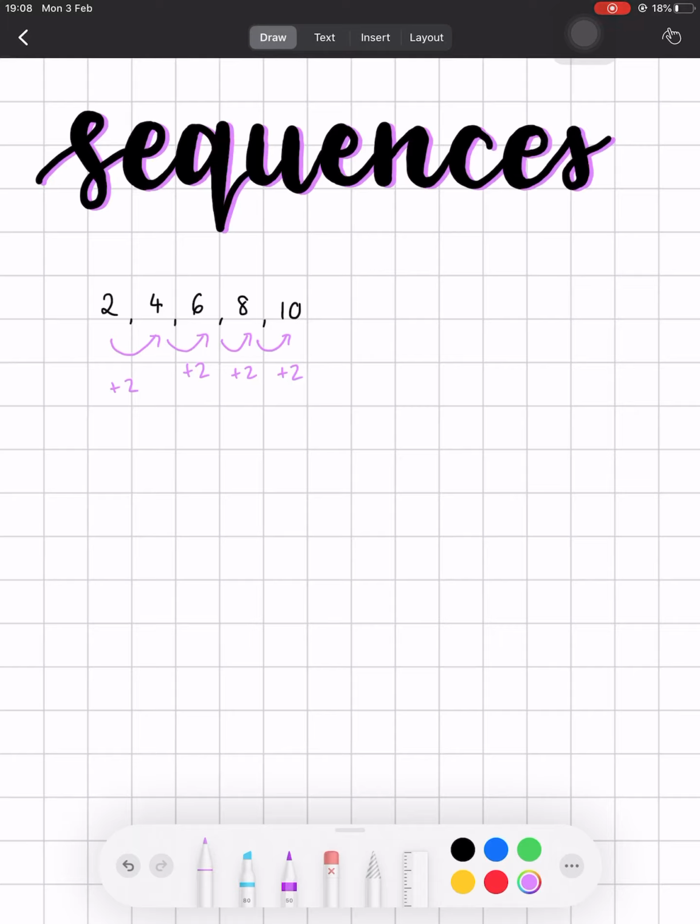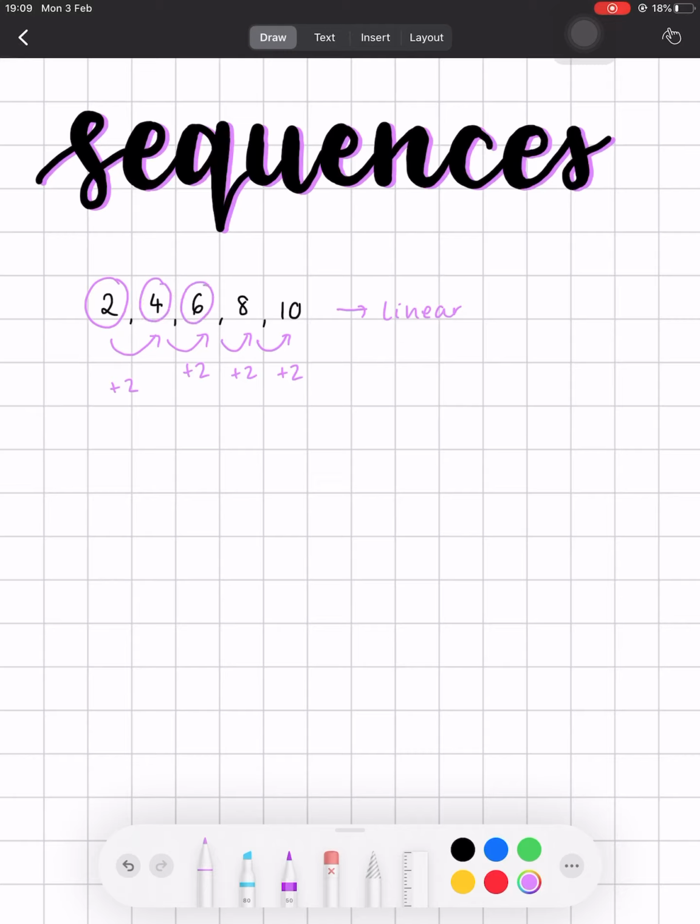And this type of sequence is called an arithmetic sequence, or you could call it a linear sequence, because each term, so one of these is called a term, so this is the first term, the second term, the third term, and so on.